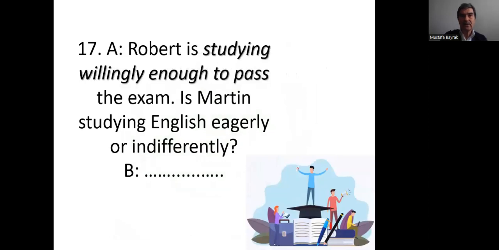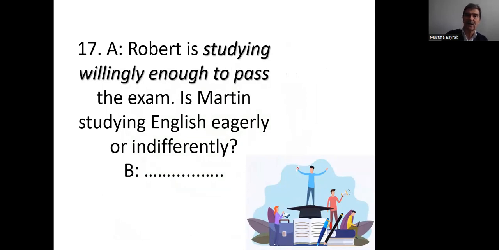17. Robert is studying willingly enough to pass the exam. Is Martin studying English eagerly or differently? Yes, Martin is studying English eagerly enough to... Or no, unfortunately, Martin isn't studying English eagerly enough.